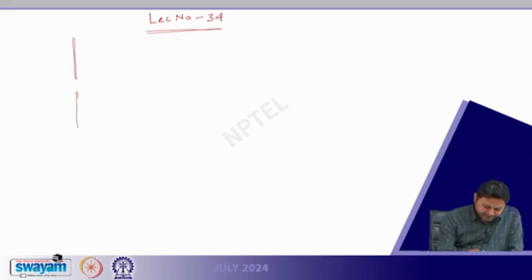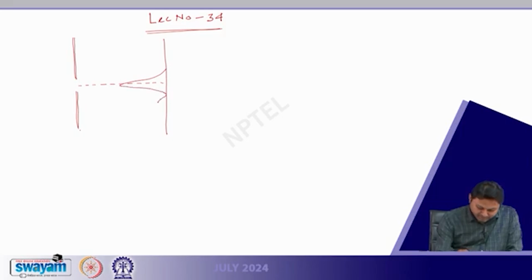This is a single slit aperture, and when the light is falling here under the Fraunhofer diffraction category, we have a diffraction pattern which is like this. It is essentially a sinc function.